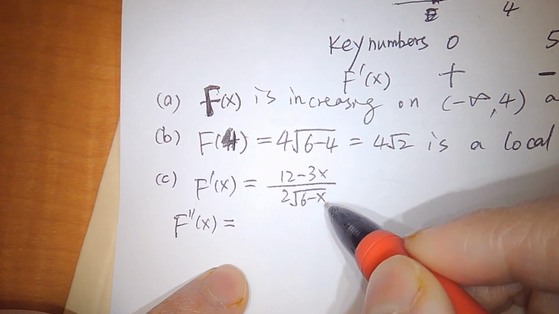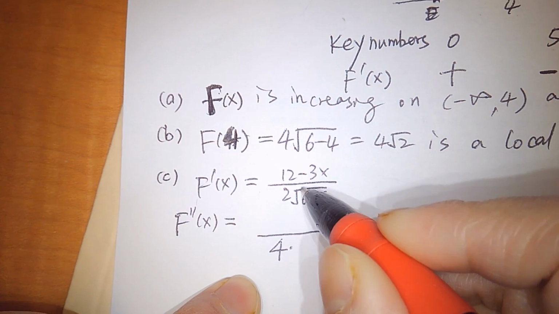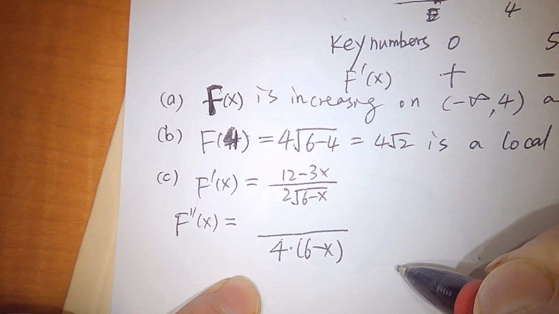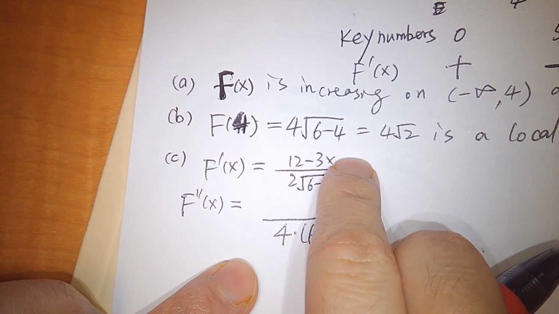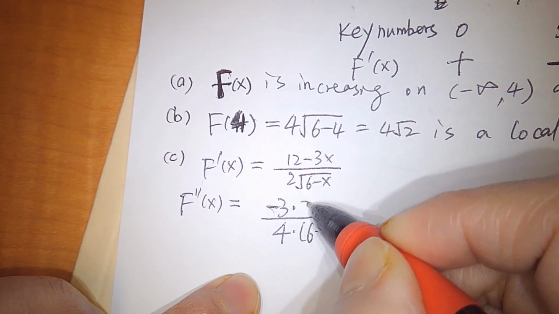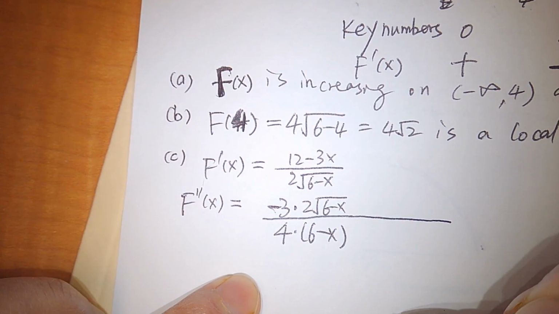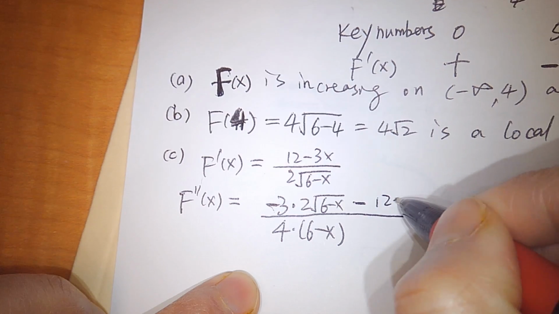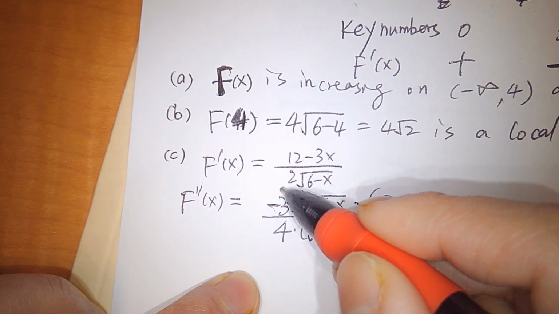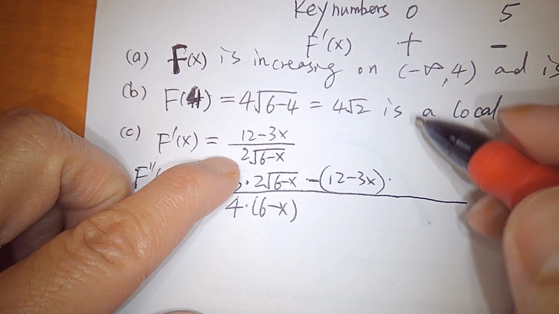So square the denominator, which gives us 4 times square root of 6 minus x squared, which is 6 minus x. Then differentiate the numerator: negative 3 times 2 times square root of 6 minus x, minus, keep the numerator times the derivative of this.